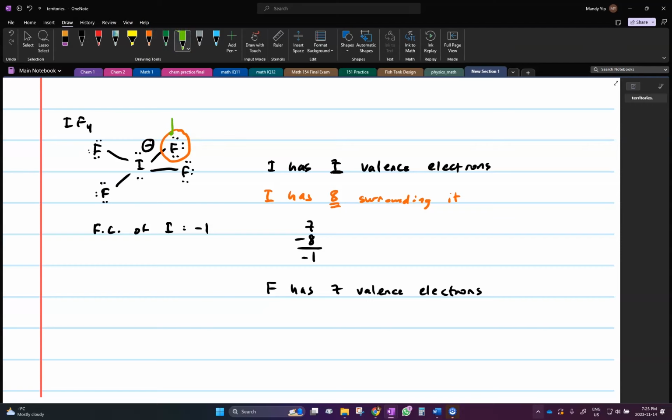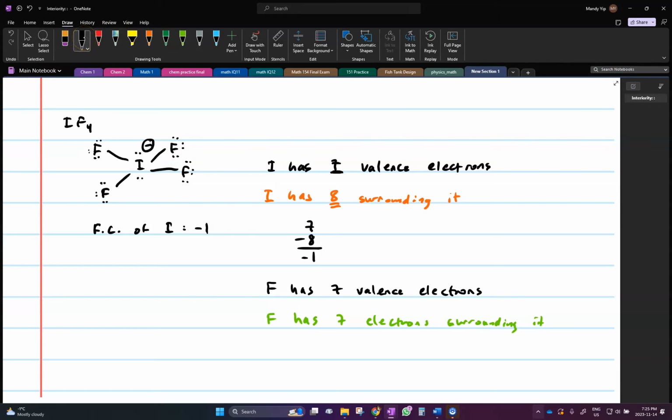I see 1 electron, 2 electrons, 3, 4, 5, 6, 7. So that's 7 surrounding it. That means it does not have a formal charge. It has a formal charge of 0.